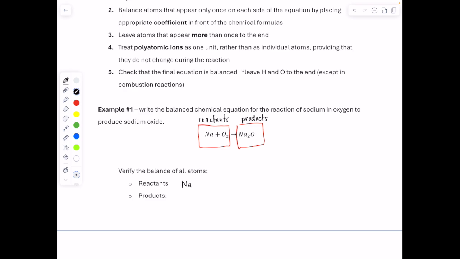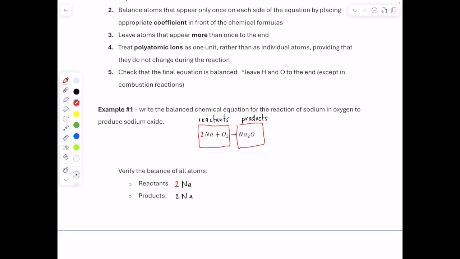The number of sodium in the reactants must equal the number of sodium in the products. In order to make this balance, we're going to have to use a coefficient. I will place the coefficient 2 in front of the sodium. So now there are 2 sodium in front and 2 sodium in the back, or the products.